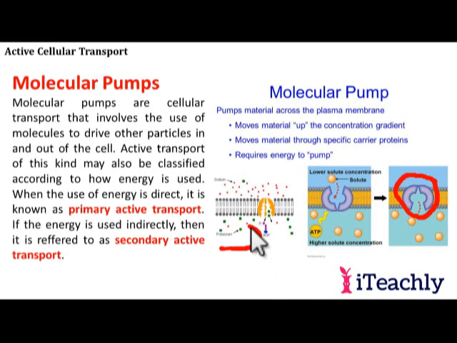Now, the most famous one that goes on in our body is this sodium-potassium pump. This goes on to transmit information in our body. It's called the sodium-potassium pump.